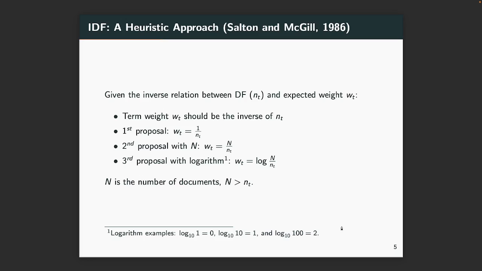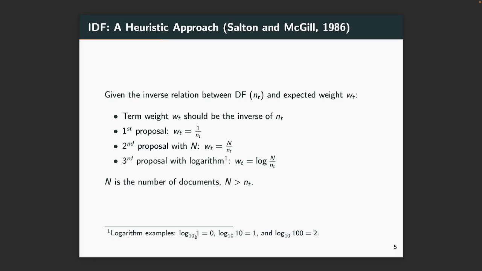So this log function will still keep larger numbers larger. The log of 100 will still be greater than the log of 10, which is greater than the log of 1. So if we are talking about ranking, it will preserve the same order. However, the difference between these numbers will be reduced.